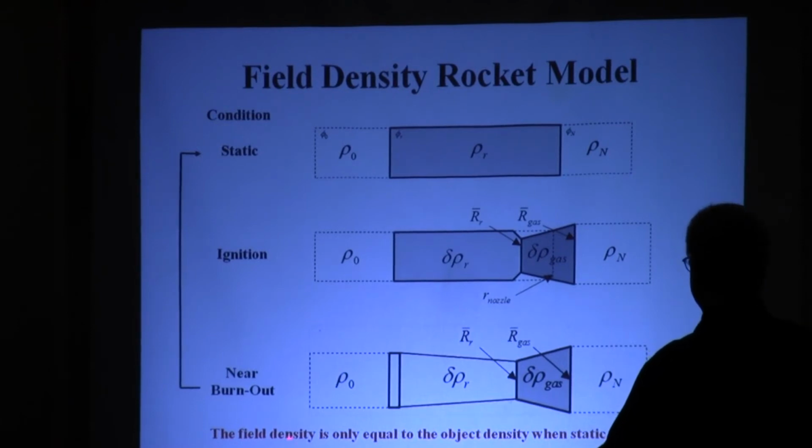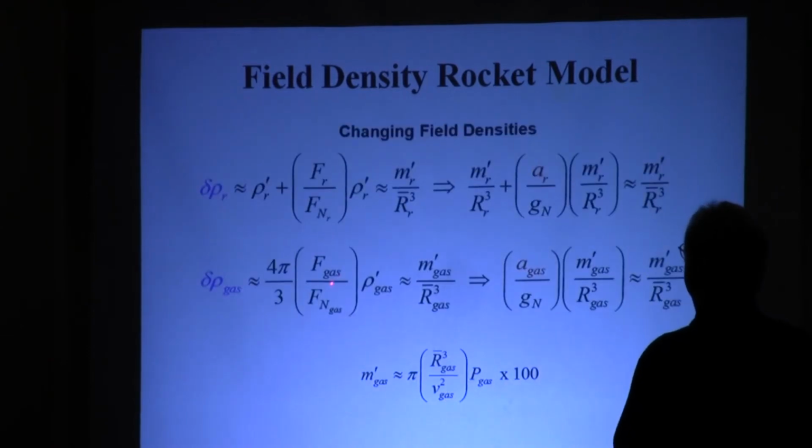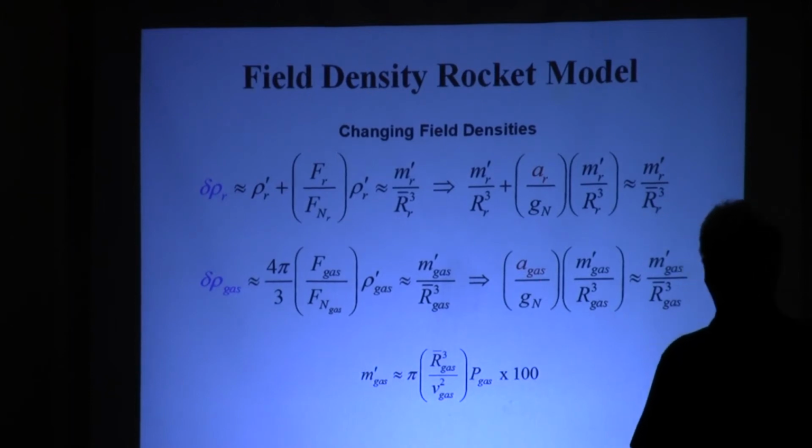I just want to note that the density field is only equal to the object density when static, in other words, not moving. And these are the equations for the density field of the rocket, the changing density of the rocket, and the density field in your nozzle. Since it didn't have an original density, or it was so small you can ignore it, it's just based upon your gas acceleration.